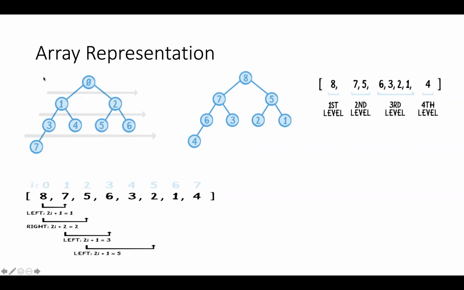So if I see this in an array representation form, we can easily map each index with a node of the tree, because 8 is at my 0 index, 7 will be at my first index, 5 will be at my second index, 6 will be at my third index, and likewise.